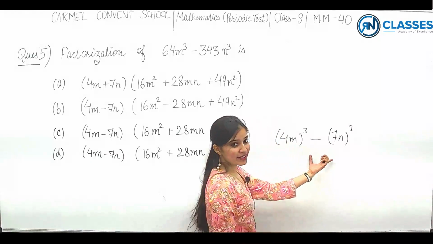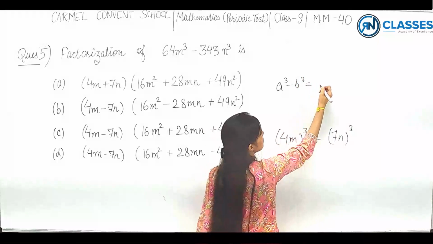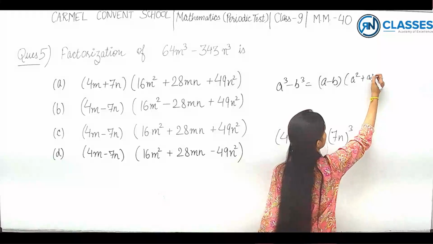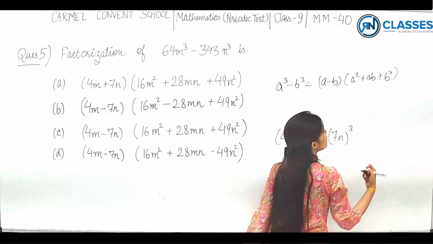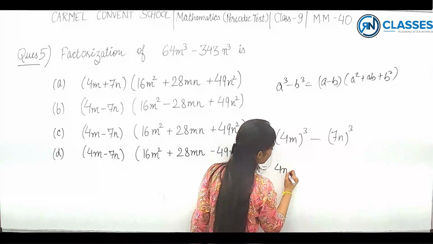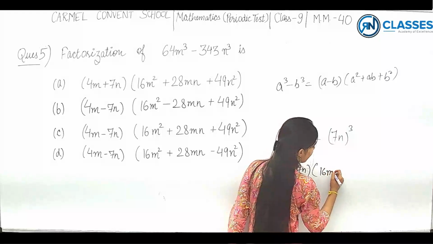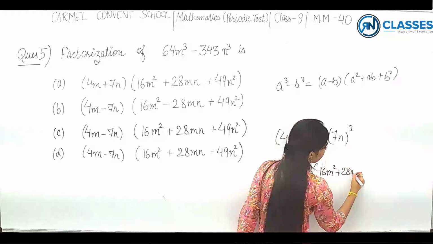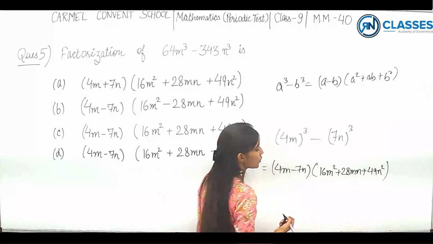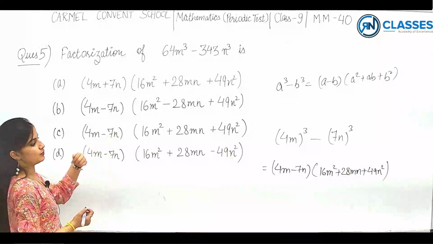So we know this identity that a cube minus b cube is equal to a minus b into a square plus ab plus b square. So let's apply this. What do we get? 4n minus 7n into 16n square plus 28n square plus 49n square. So the correct answer is option C.